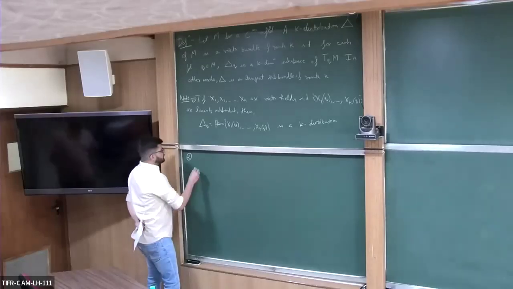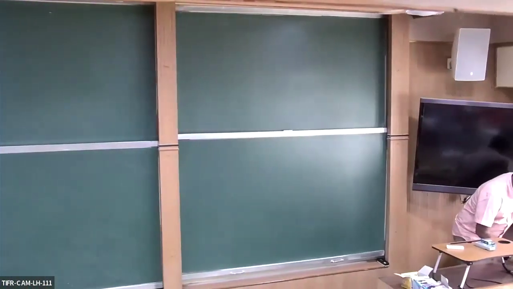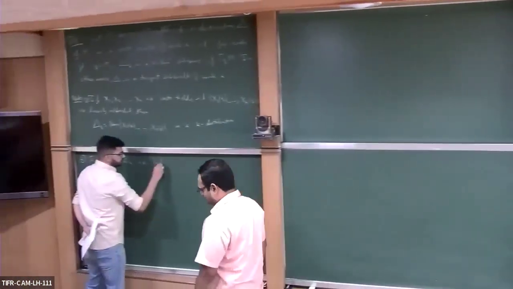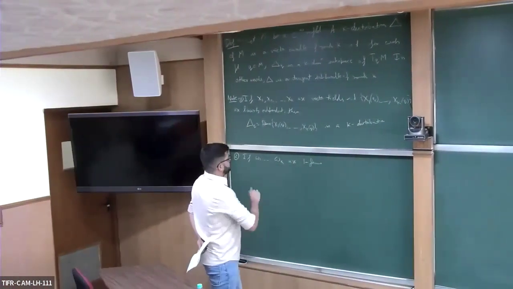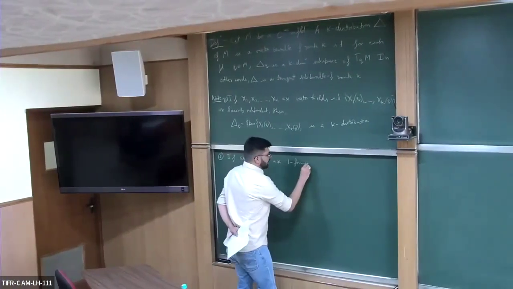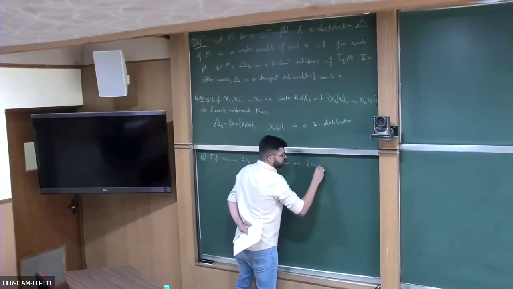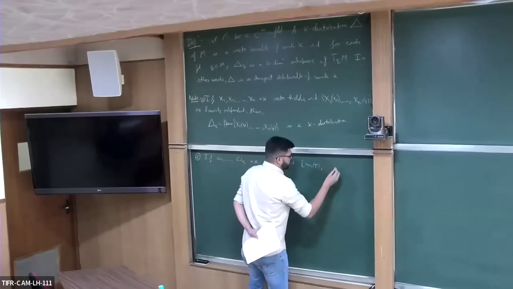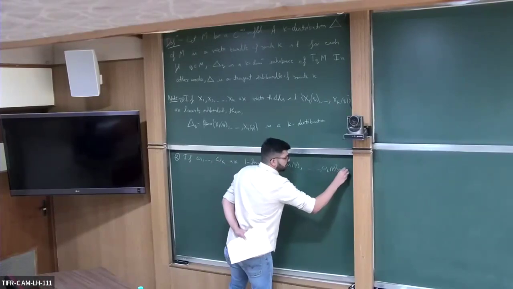Now, in terms of one forms, suppose omega 1 up to omega k are one forms, again such that they are linearly independent.